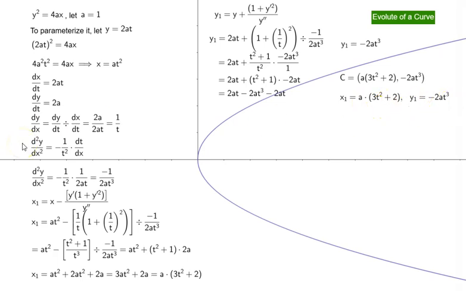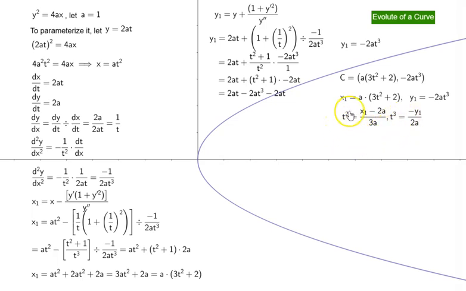Let's solve it for t. So we have t square is equal to (x1 minus 2a) divided by 3a. And here t cube is equal to minus y1 by 2a. Here the problem is that this is t square and this is t cube. So we have to equate it.